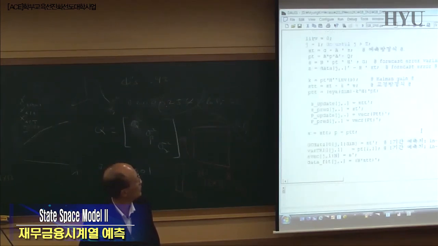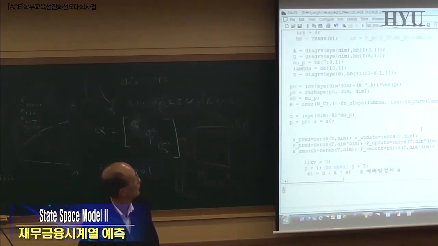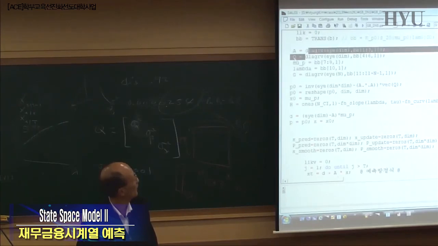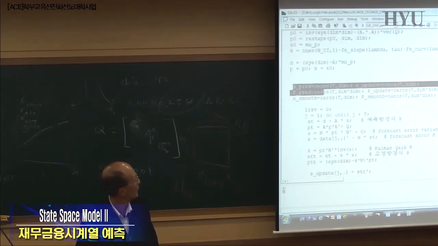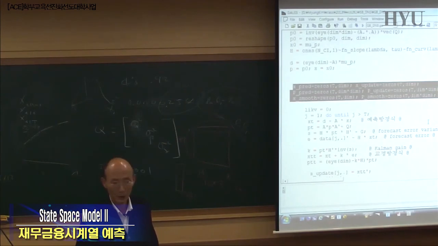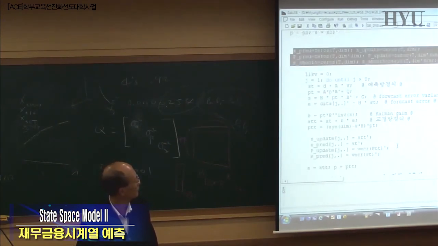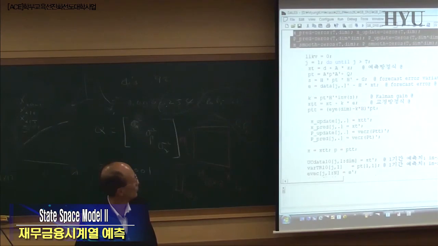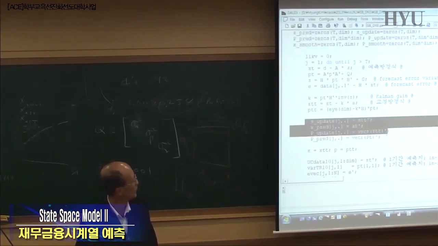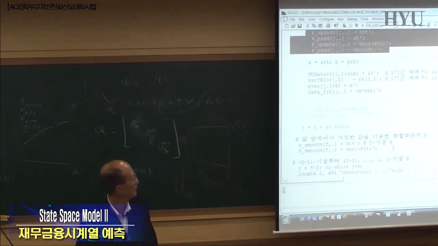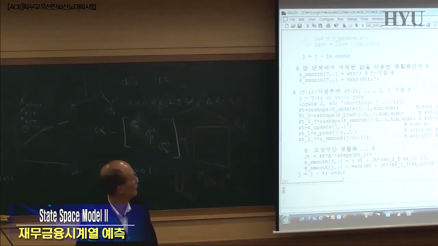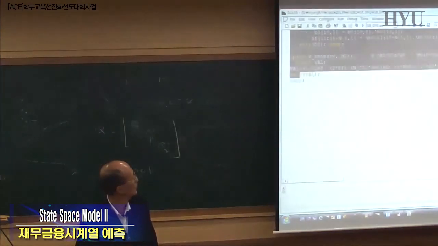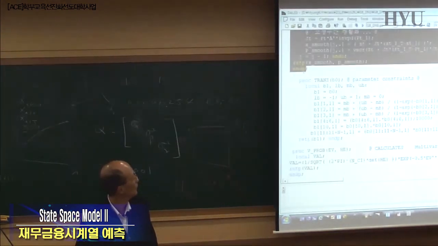So this is very similar to the previous one. See? A, Q, mu, lambda, G, right? All those similar. But there is something like this block, and when you do this one and this block, and then from here to that block.